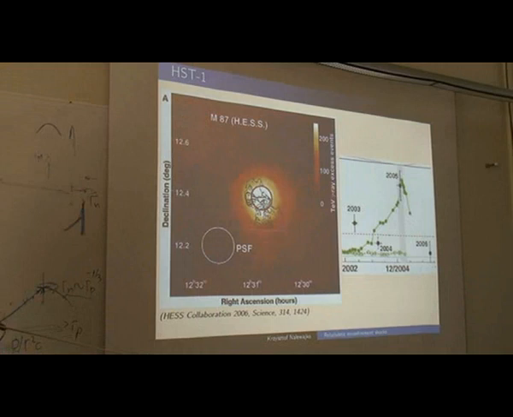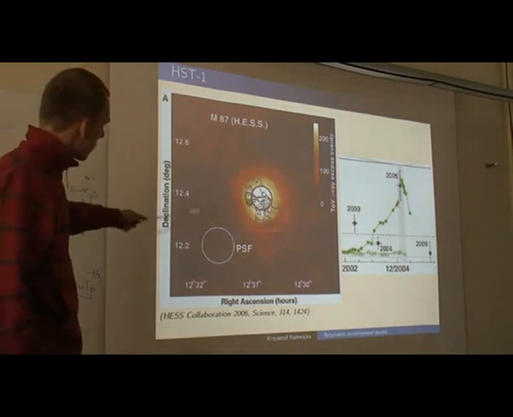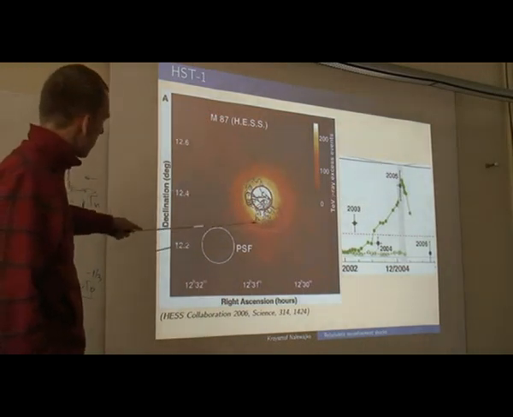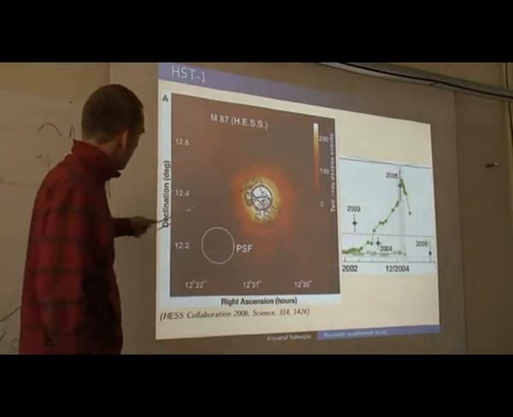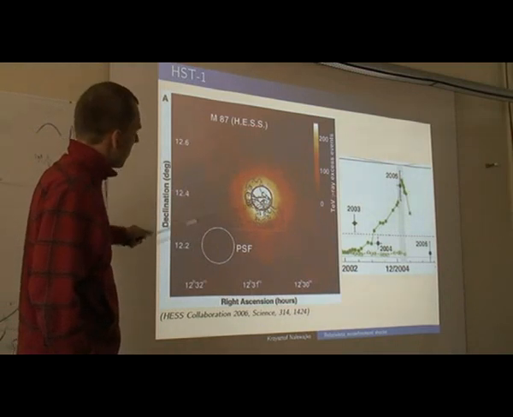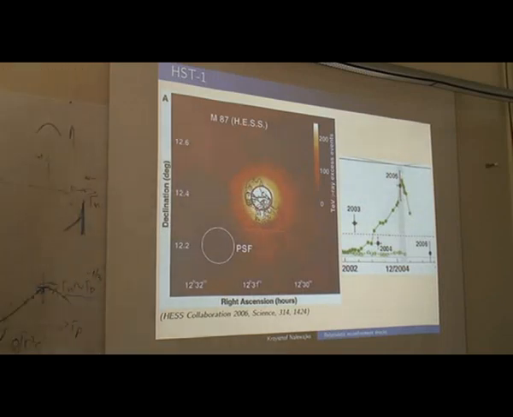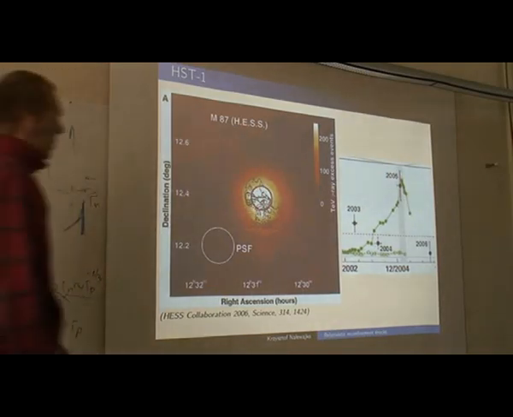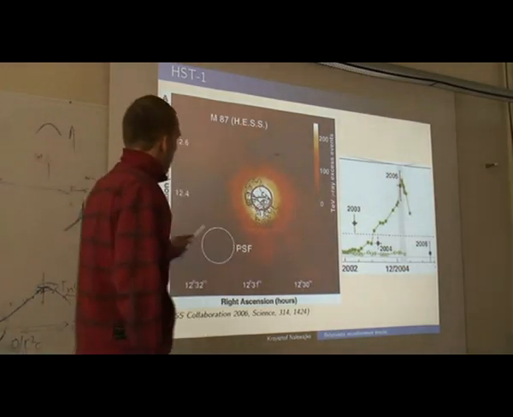But on the significance map, or actually the map of the arrival directions of TeV photons, you can see that there is no way to say what the actual source is.